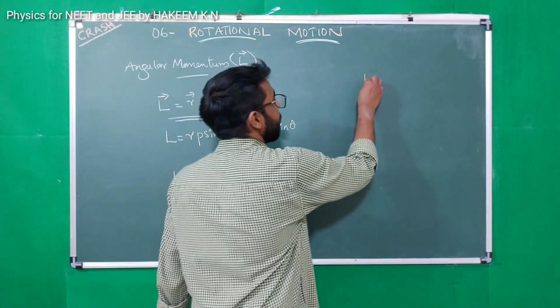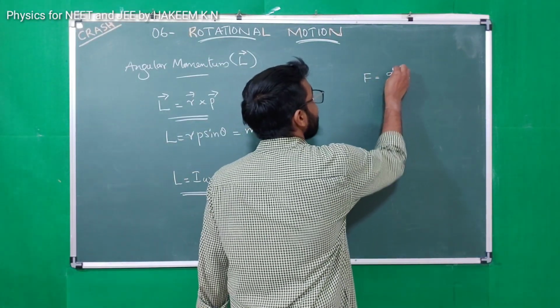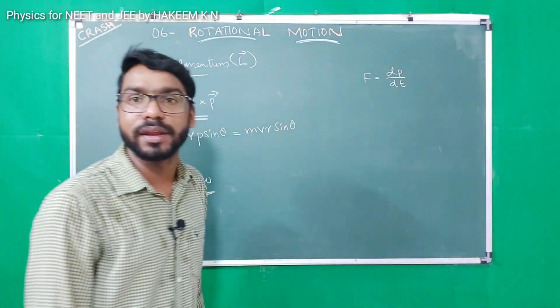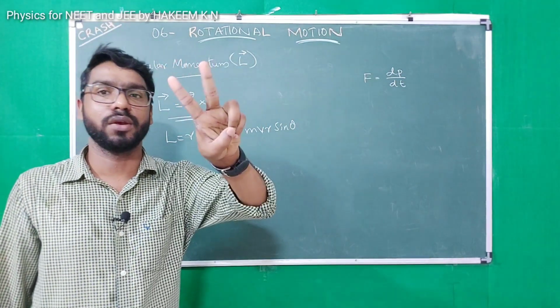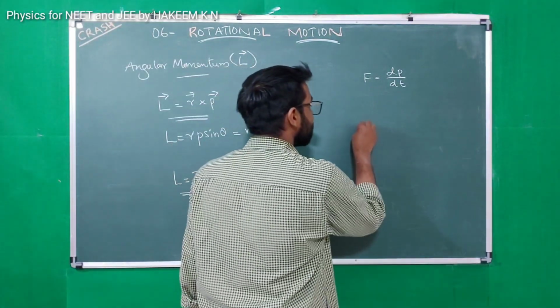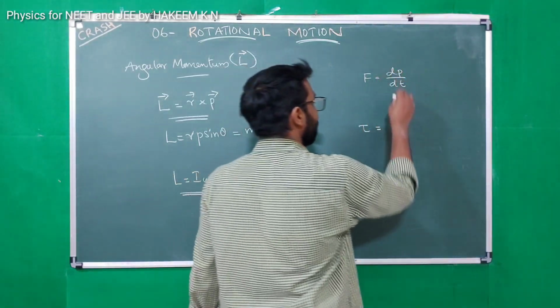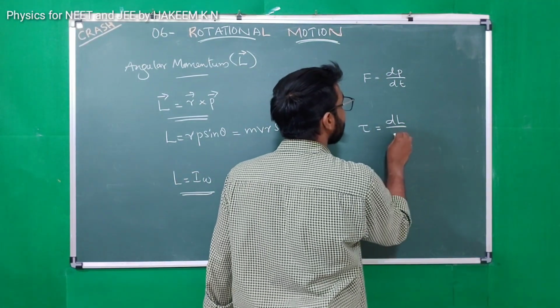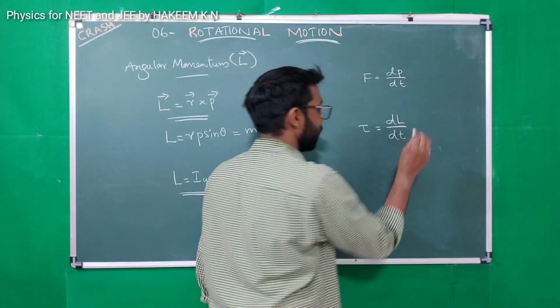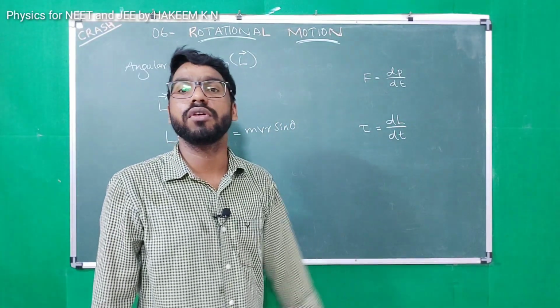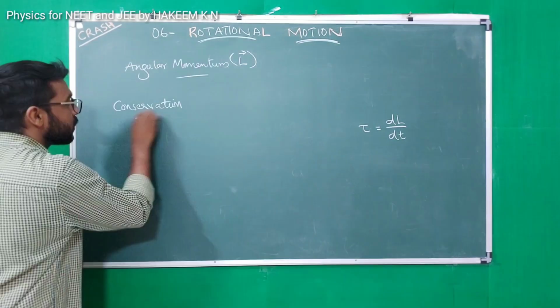And we studied that force F equal to rate of change of momentum, F equal to dP by dt, according to Newton's second law of motion. Like that, instead of force we can say torque tau equal to dL by dt. Torque is the rate of change of angular momentum.